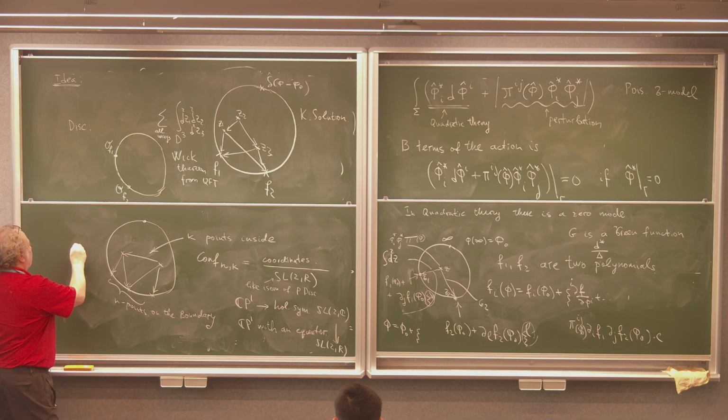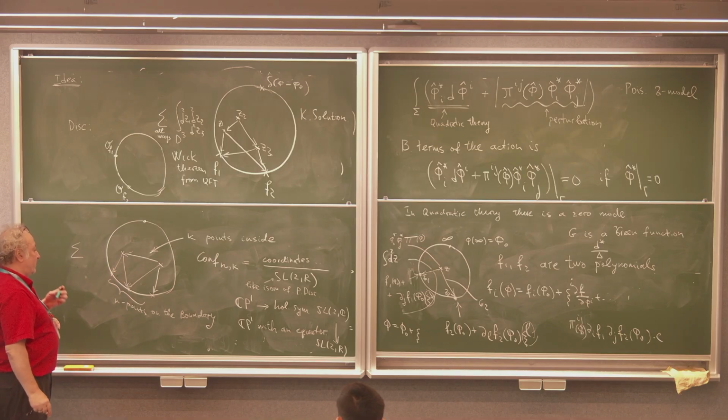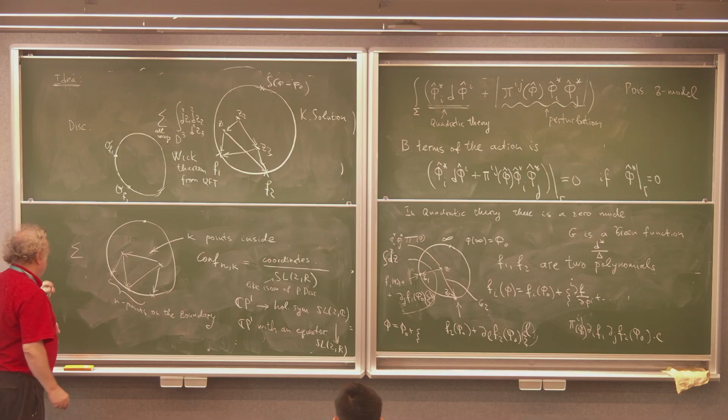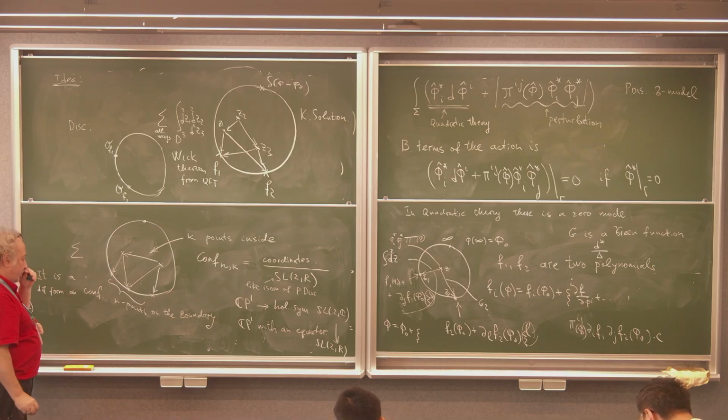Let me consider the sum of the products of Green functions that I symbolically write like this. It is a differential form on the configuration space. Second, it is closed.